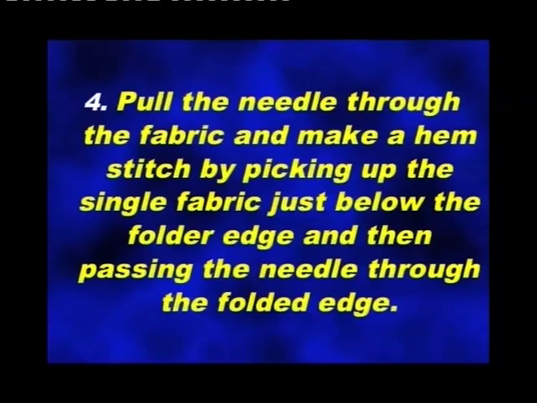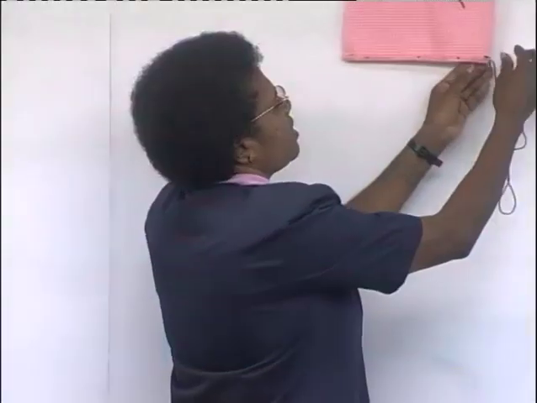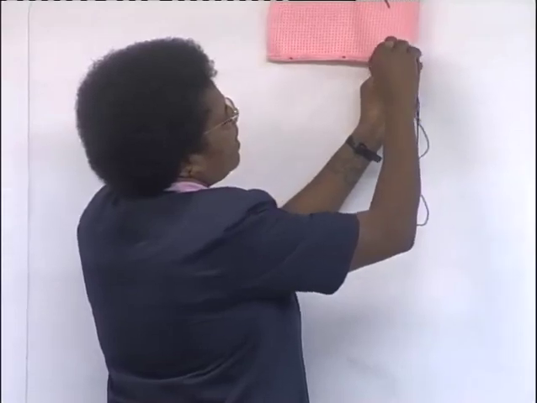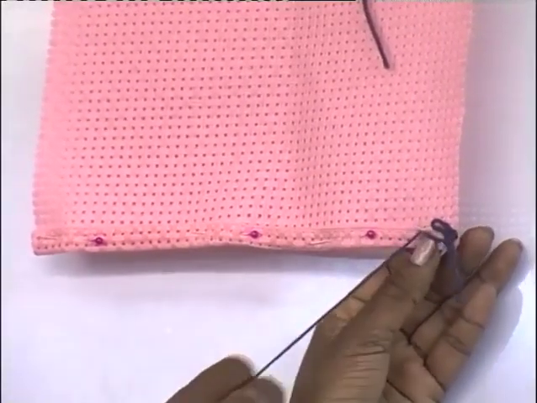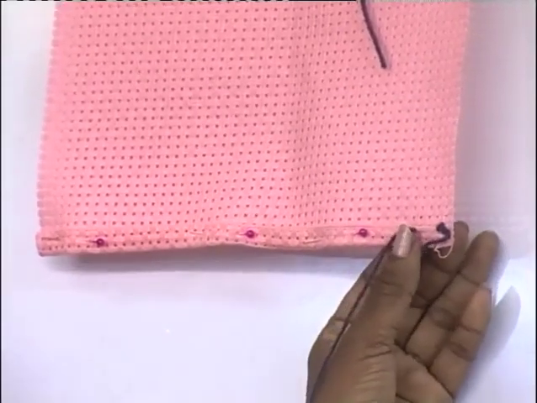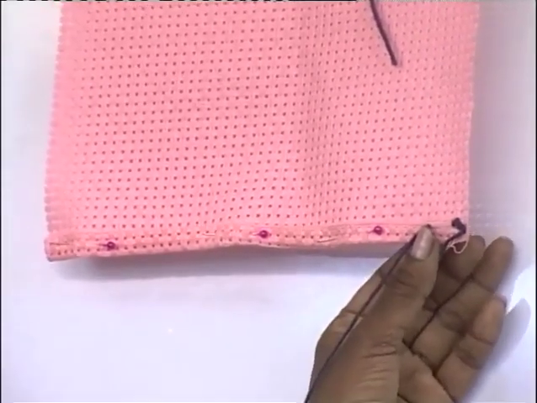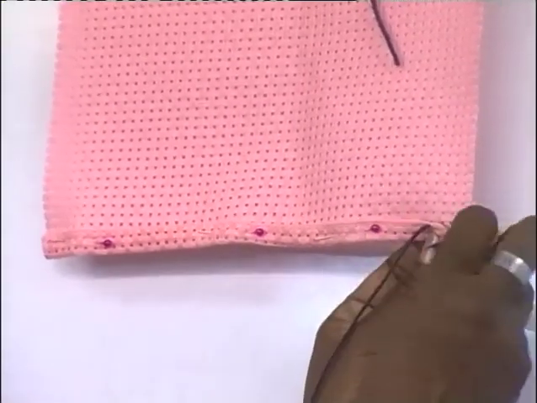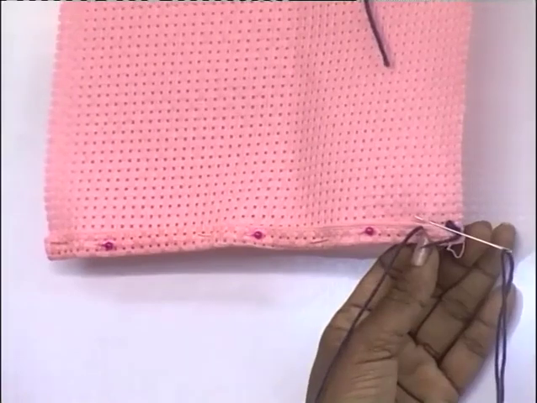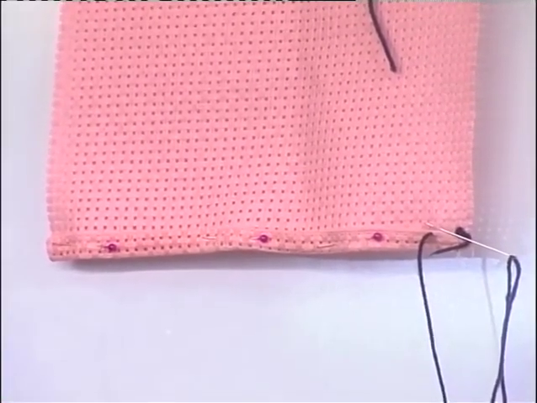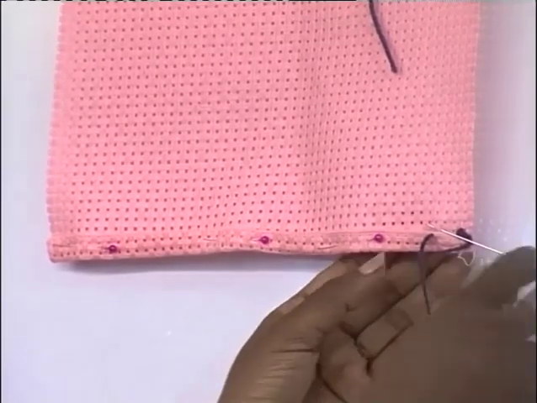Pull the needle through the fabric and make a hem stitch. Okay, pull the needle through. I'll have to pull it through the folded edge. And I will pick up the single fabric under the folded edge. Then it says, then pass the needle through the folded edge.